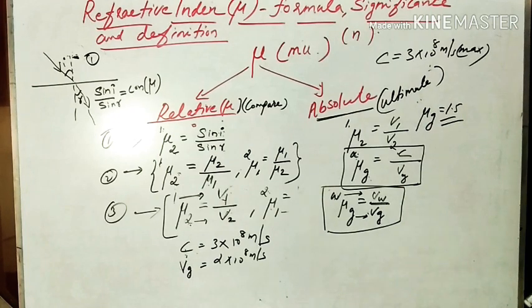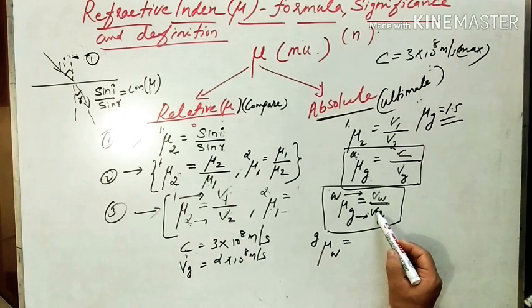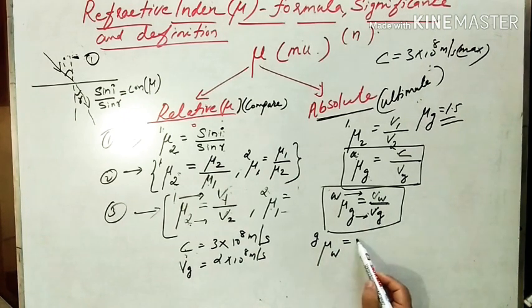Alright, then how do you write the refractive index of water with respect to glass in terms of speed of light? Very simple.